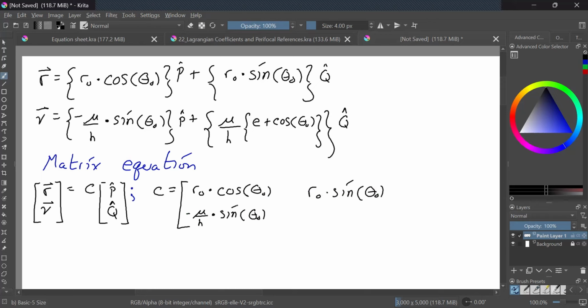And then the Q element of our V is going to be mu by h times the quantity of the eccentricity plus the cosine of theta naught.